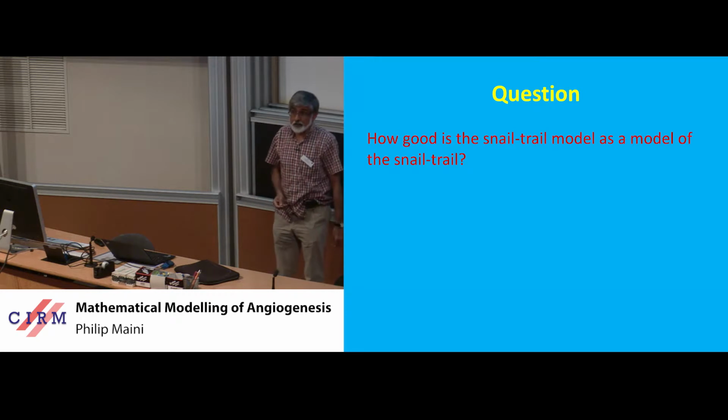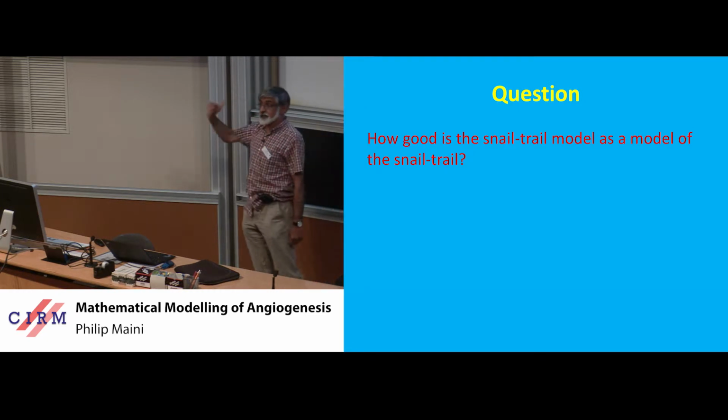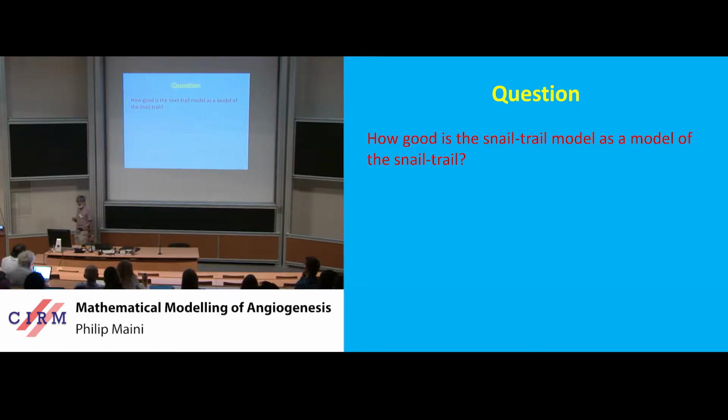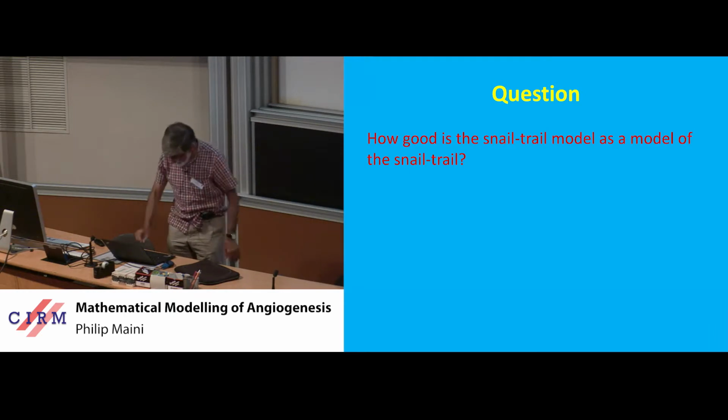How do you model that? That's the question. And we all use the snail trail model, and the question is, is the snail trail model a good model of the snail trail? And the answer is no, but yes. Okay? So if you want to sleep, you can sleep now and get up when the answer is yes, and you'll be very happy. If you want to be sort of panicked for a while, then keep awake.